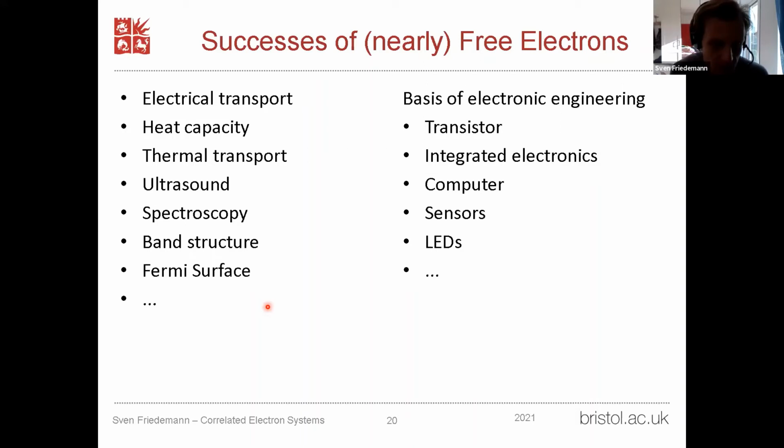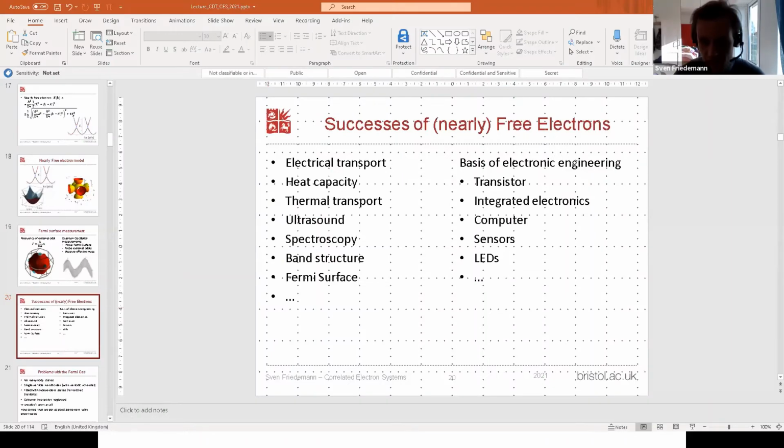It gives us this picture of the Fermi surface, and all this is quite successful, and in fact is successfully used in many applications. For instance, the semiconductor industry is based pretty much entirely on nearly free electron theory, and there are essentially no correlations that need to be considered.